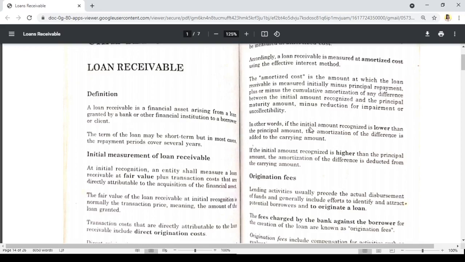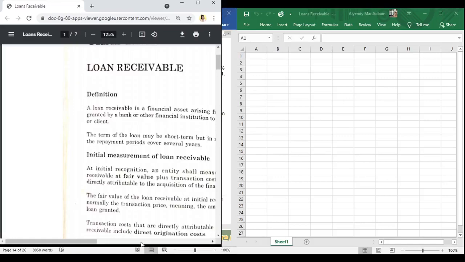Let's read this one first. Amortized cost is the amount at which the loan receivable is measured initially, minus principal repayment, plus or minus the cumulative amortization of any difference between the initial amount recognized and the principal maturity amount, minus the reduction for impairment or uncollectibility. So, to summarize that formula, let's make a formula for that.